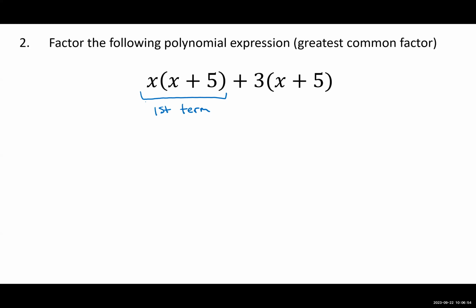So there's two factors there, but that's the first term. And the 3 times x plus 5, that's the second term. So we have two terms here, and these two terms have something in common. They both contain an x plus 5. So that's the common factor, x plus 5.